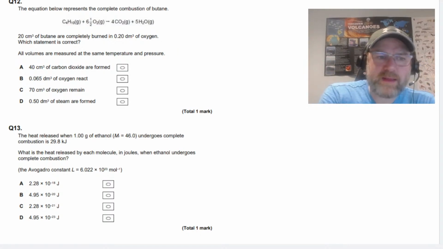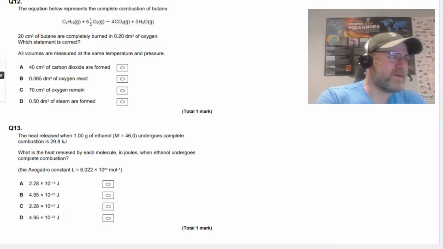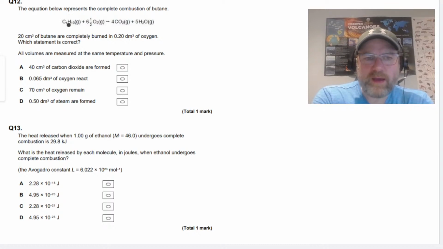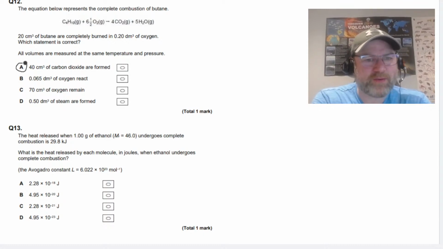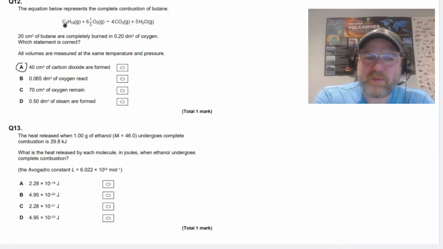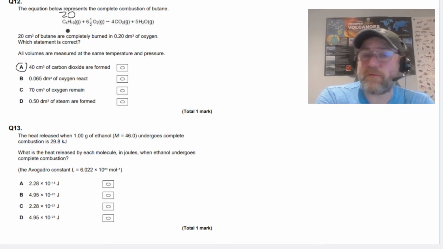So what does that mean? Let's go through. It says, is this statement true? 40 cm³ of carbon dioxide are formed. How would we check A? A's not right, but I'm going to go through how to check it. We've got 20 cm³ of butane, C4H10.